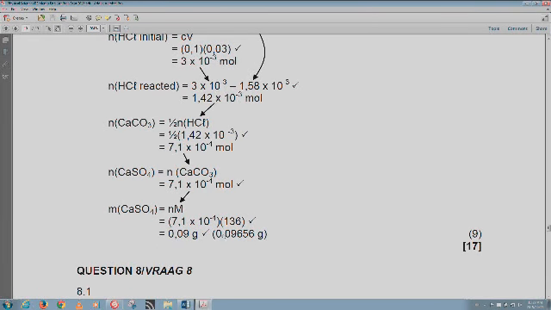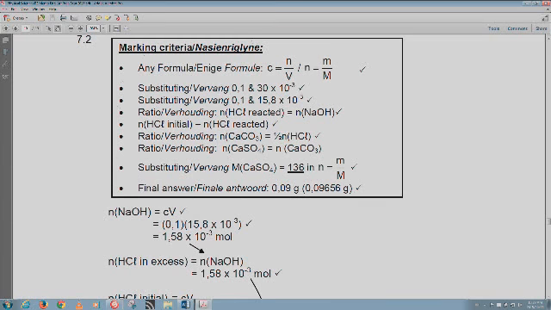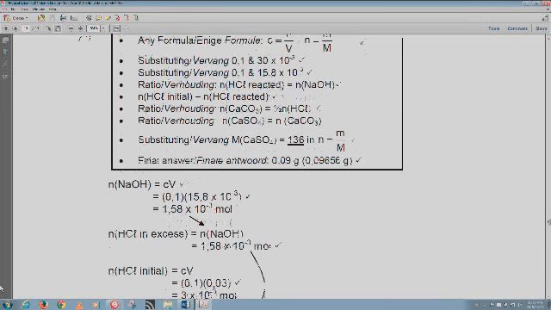But for the correct transferences and for the correct mole ratios, the learner can get the marks. So it is important to mark according to the marking criteria that is given there. It will guide you where to give marks, and you work with the learner's mistake, but the final answer must definitely be the one given in the marking criteria. Now let us move to question 8.